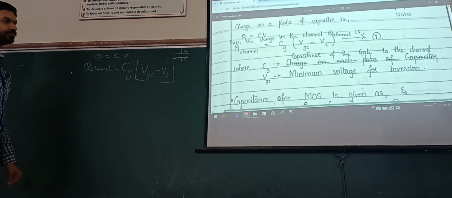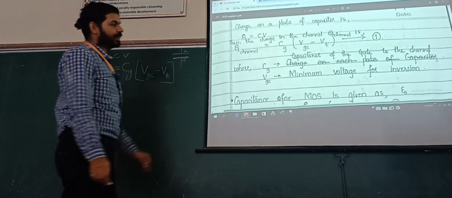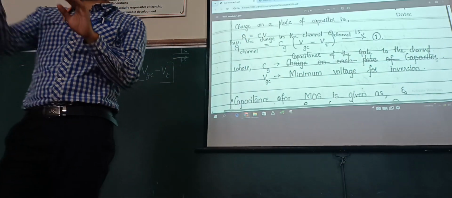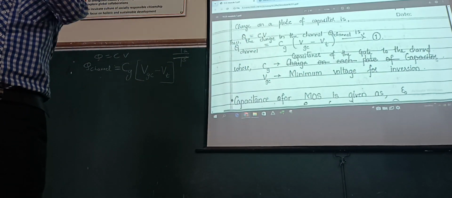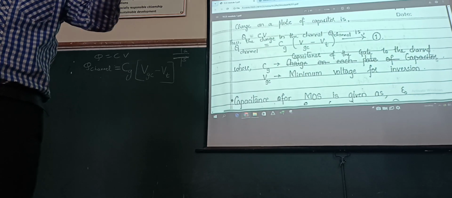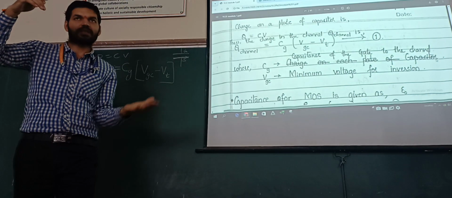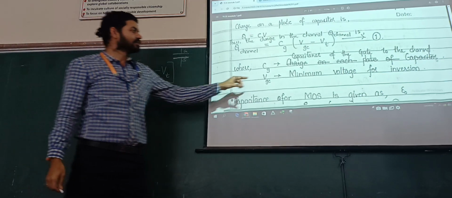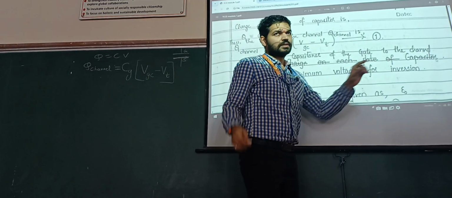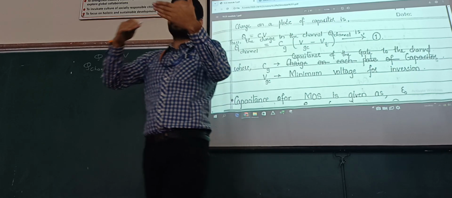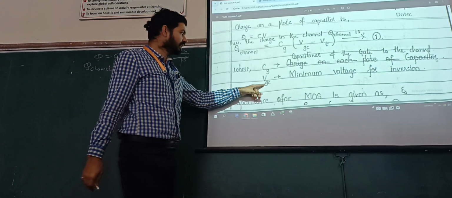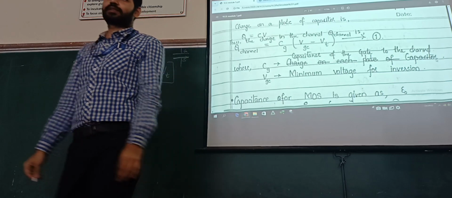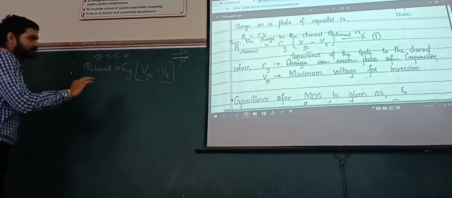VGC means minimum voltage for inversion. Minimum voltage for inversion means the voltage after which the channel forms, that is inversion. All the electrons come to the top, that is called inversion. The voltage at which it inverts, that is VGC, okay, and VT is actually what? Threshold voltage of the device.